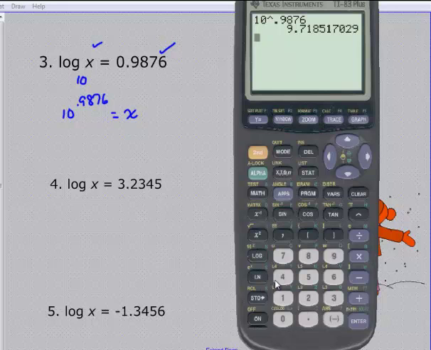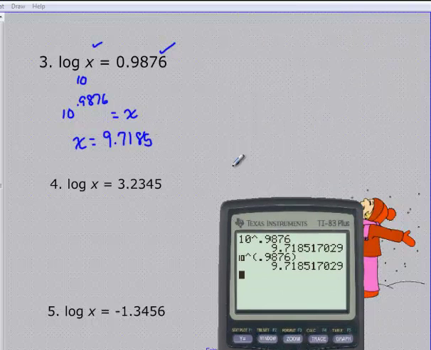Or if you notice right here, on log, the inverse is 10 to the x. So if I press second function log, it already does the 10 and the caret for us. All we have to enter in is 0.9876. So we get our answer.